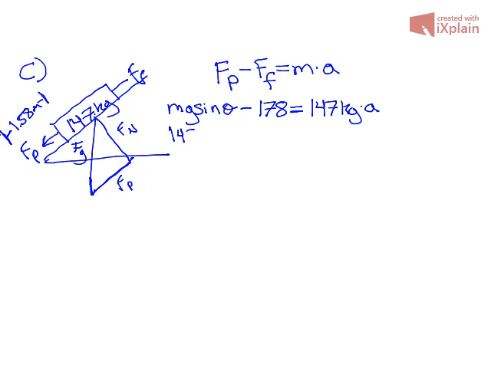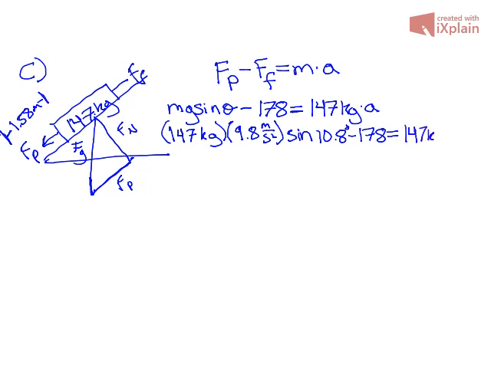And then we're going to plug in our mass that was given to us in the problem. I'm going to go ahead and plug in everything we know here to eliminate any confusion, and then just make sure we are adding and subtracting correctly.